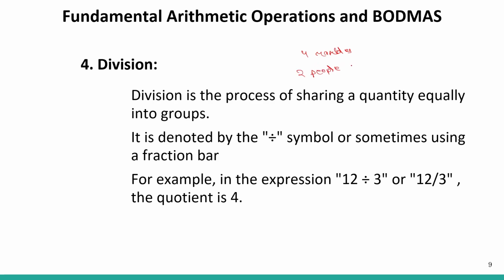We all know that each person will get two marbles. How did we get it? We got it by division. Division is the process of sharing a quantity equally into groups. Equally is very important; we never divide and get unequal proportions.